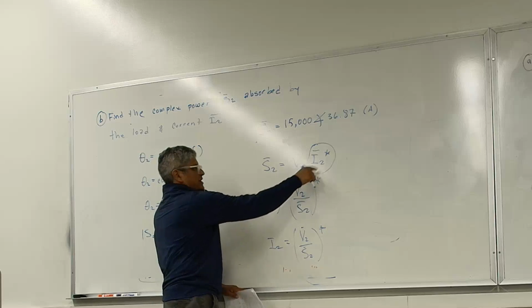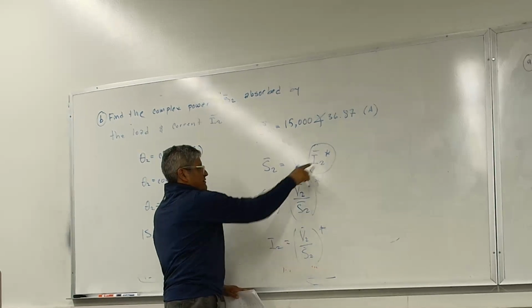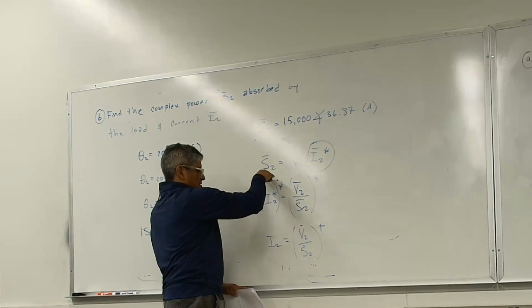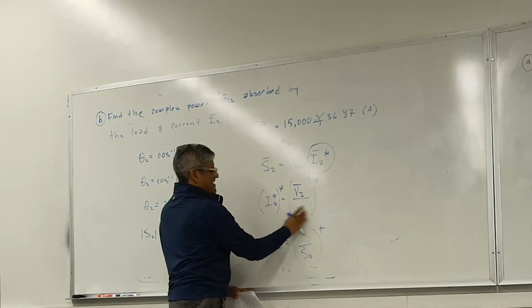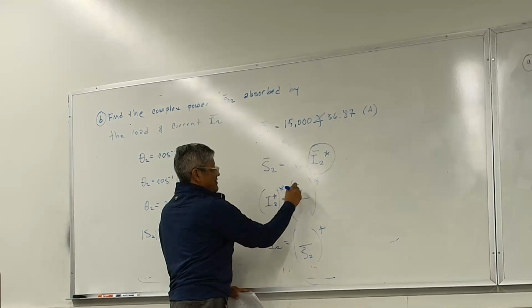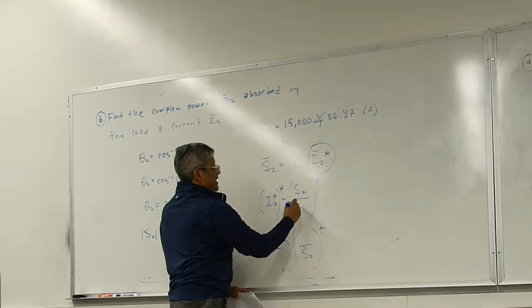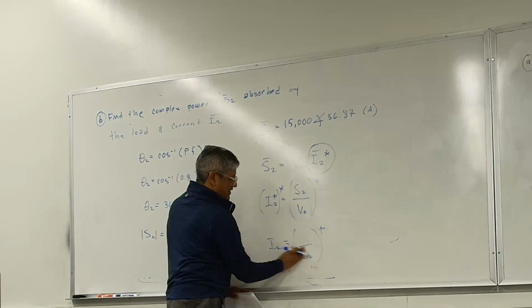Remember, this is the formula. I'm solving for this I2, right? So I divide S, oh, I'm sorry. How come you guys didn't correct me? I made a mistake. This should be S2, I'm sorry. Divided by V2.